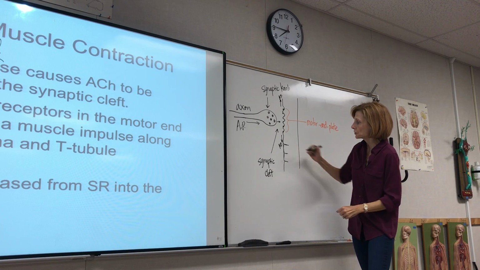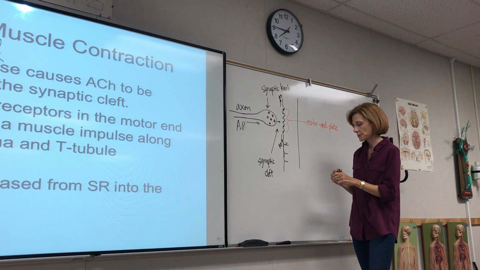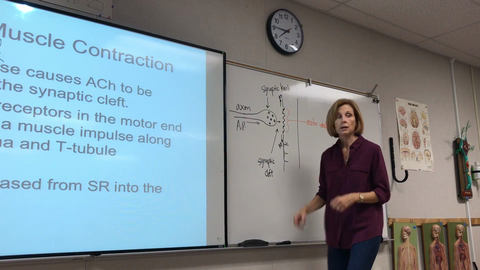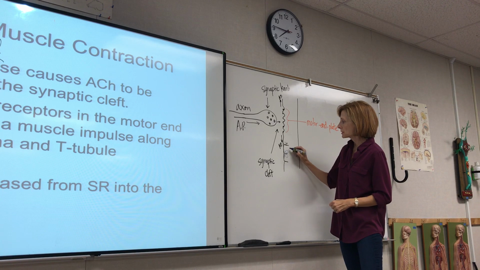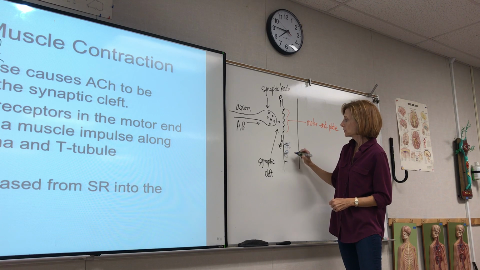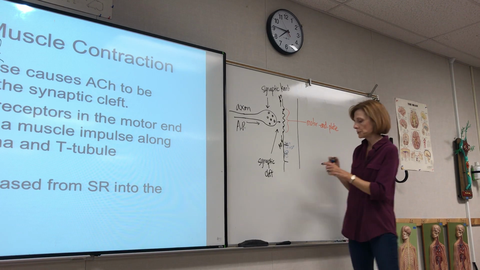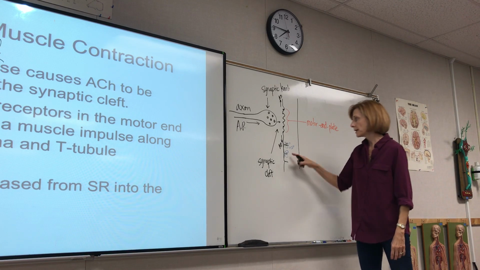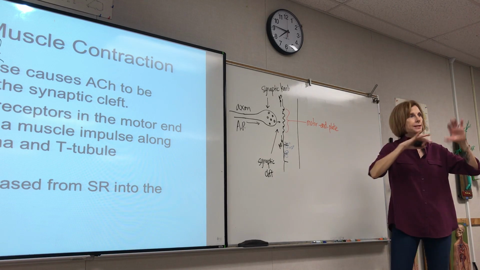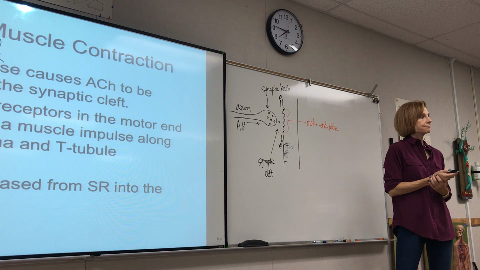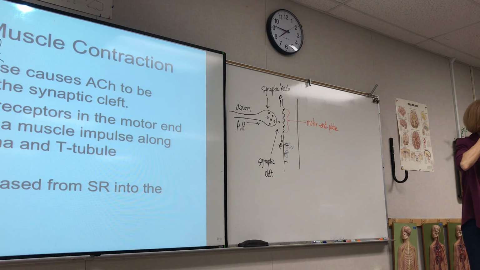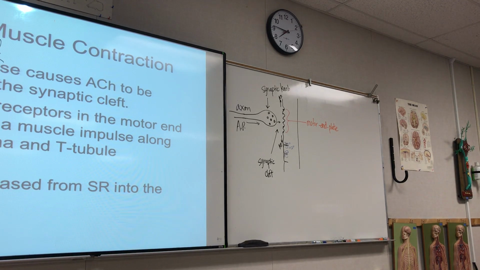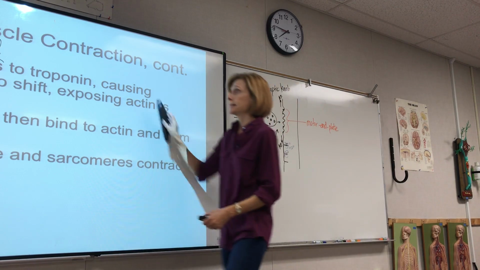So when the action potential goes down the T-tubules, the terminal cisterns are going to release calcium, which will allow the calcium to go out into the sarcoplasm. Okay, when calcium is out here in the sarcoplasm of the muscle cell, what does it bind to? You guys know this. It binds to a molecule on the thin filament, right? Troponin. Okay, so that is the next step.